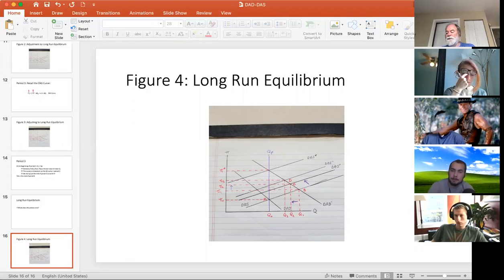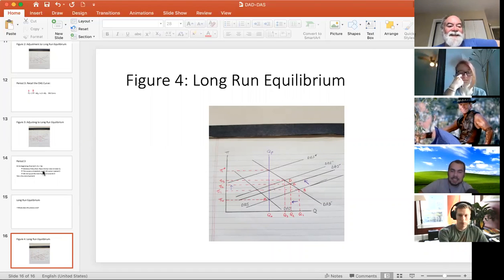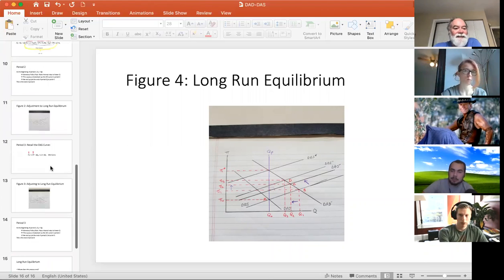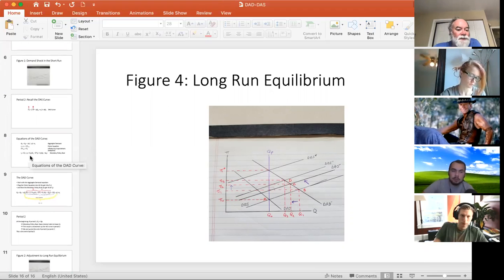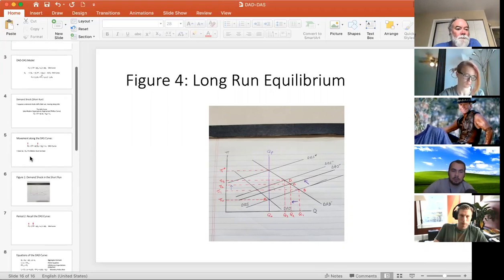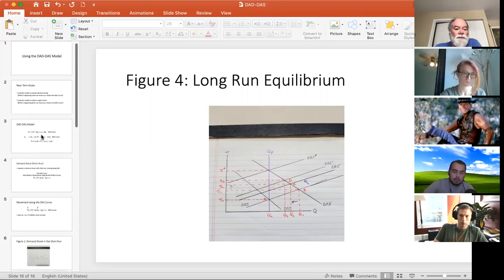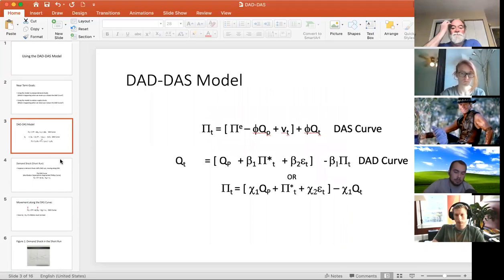How do we increase potential in this model? I don't know. Anybody? Decreasing interest rates? Let's go back to the equations. What determines QP?